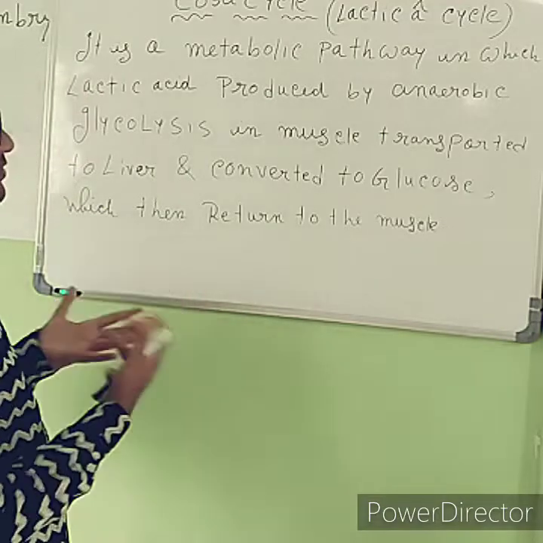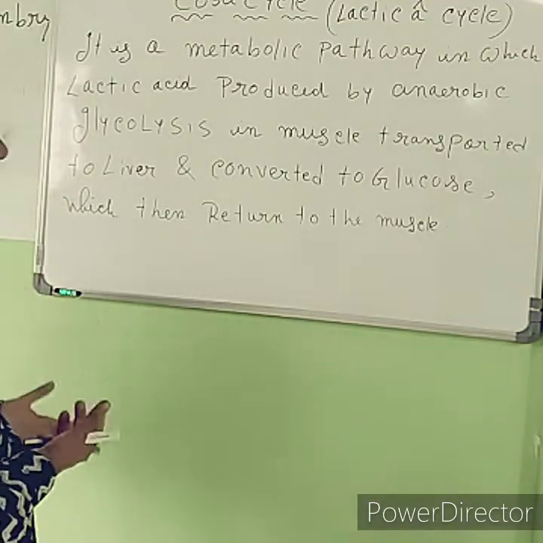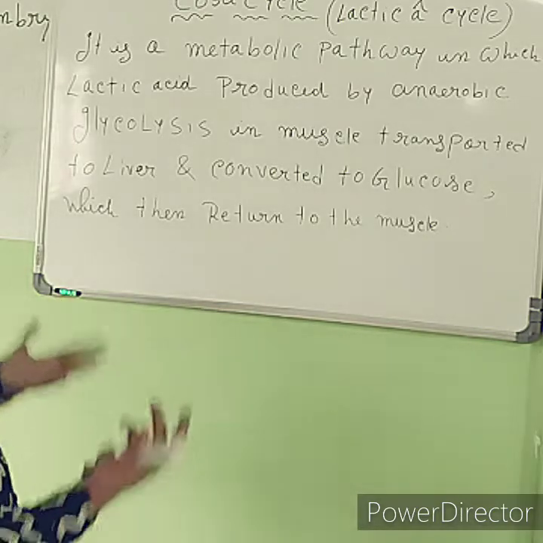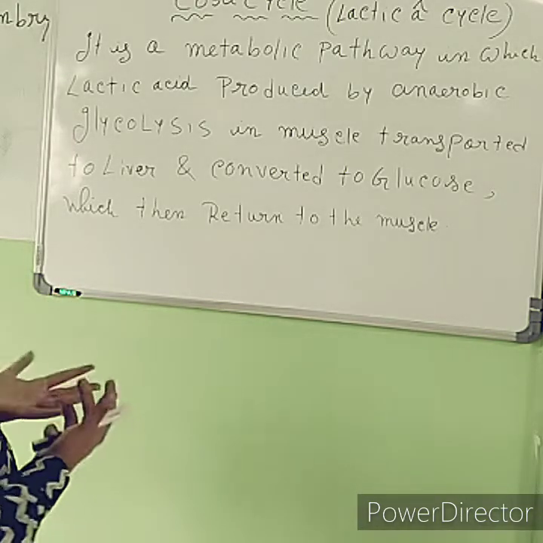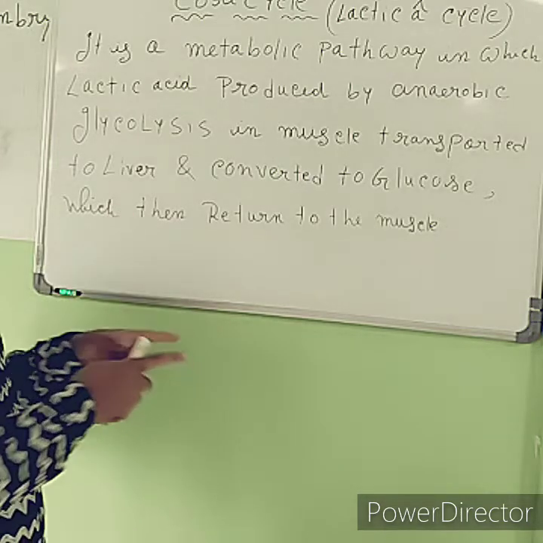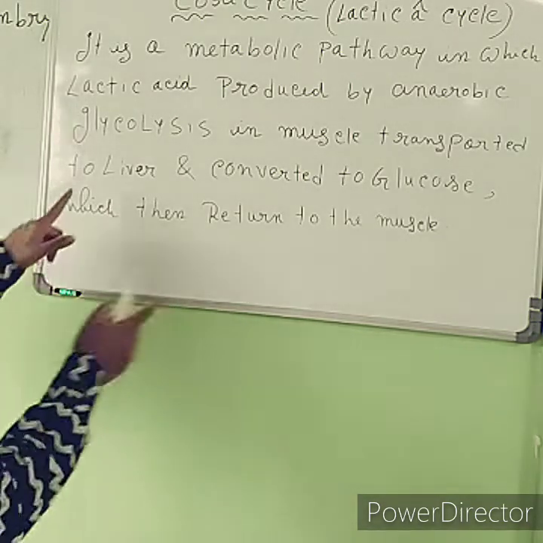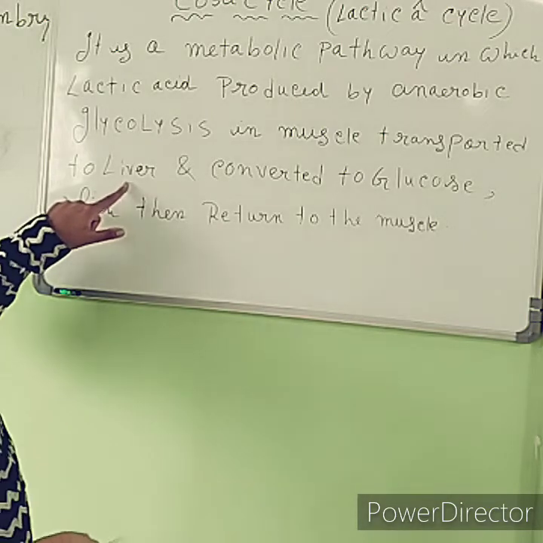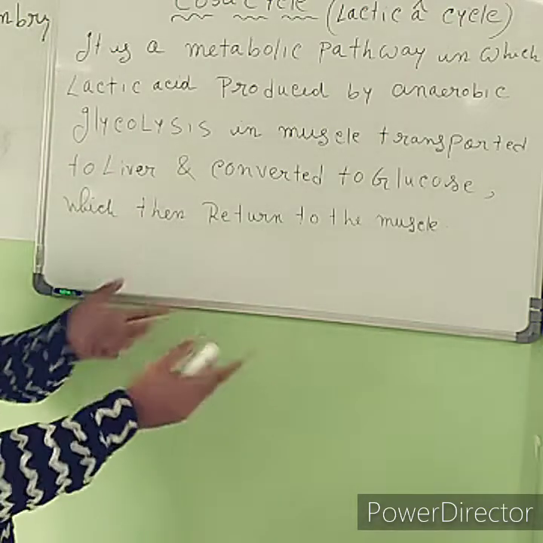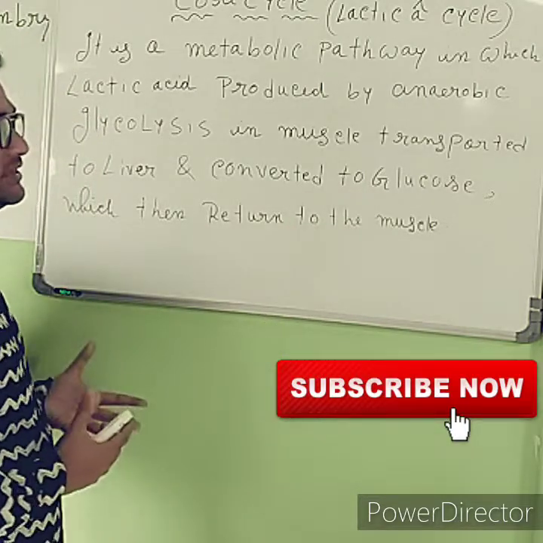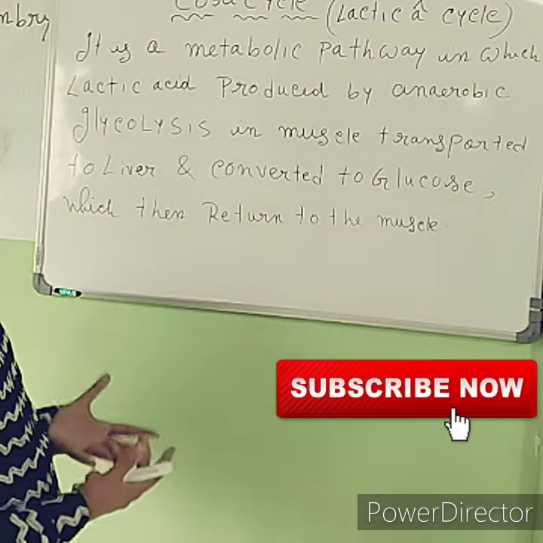It is a metabolic pathway in which lactic acid produced during anaerobic glycolysis in the muscle cells is transported to the liver through the bloodstream, converted to glucose, and then the glucose is returned to the muscle cells.